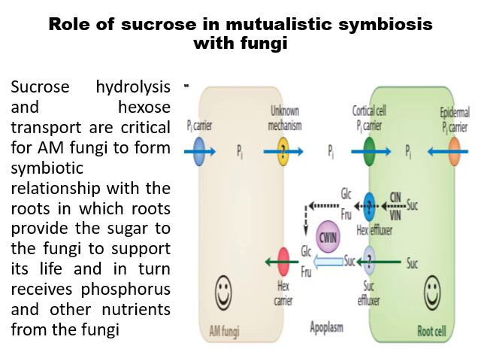Here you can see this is the plant cell, and this is the fungal cell, which is targeting the plant cell for the mutualistic symbiotic relationship, and there is a crosstalk between the plant cell and the fungal cell. So what happens is the arbuscular mycorrhizal fungi induce the cell wall invertase from the root cortex, which leads to hydrolysis of sucrose.